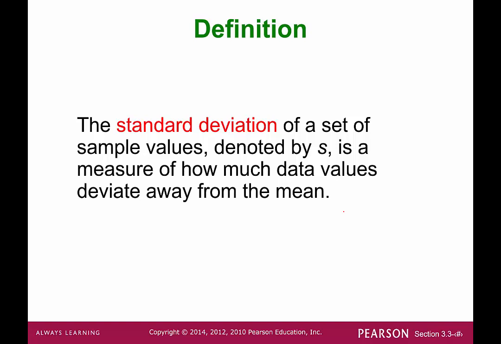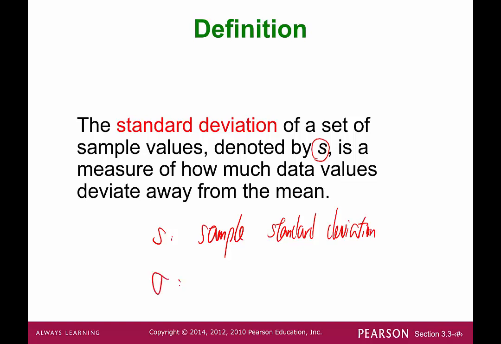The standard deviation of a set of sample values is denoted by S, the sample standard deviation. And we also have sigma. Sigma represents the population standard deviation.